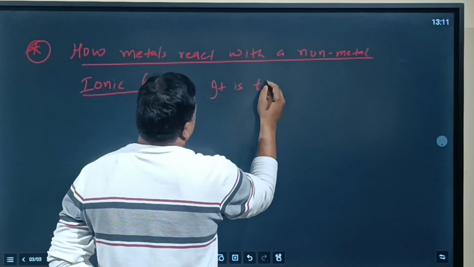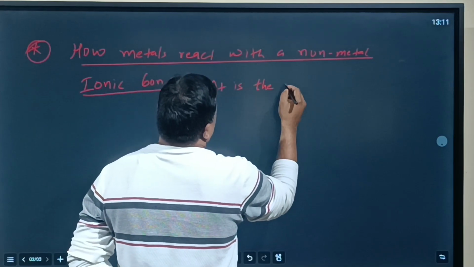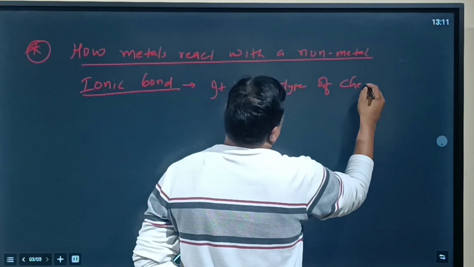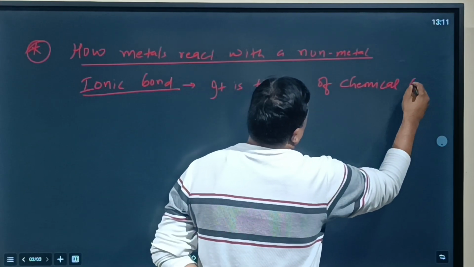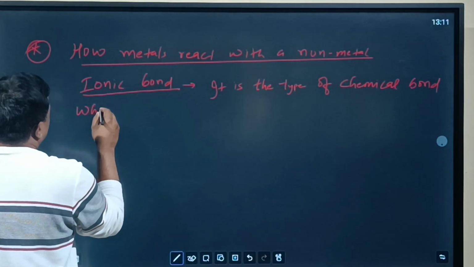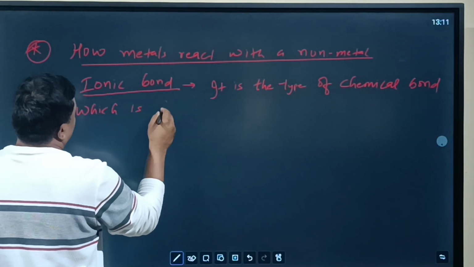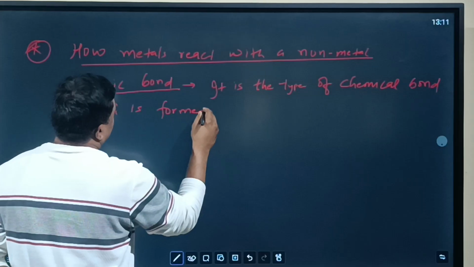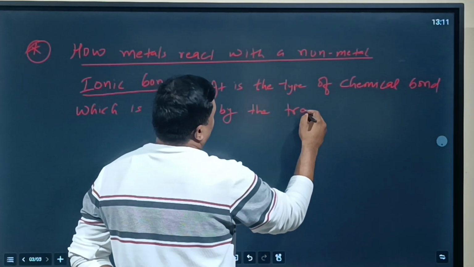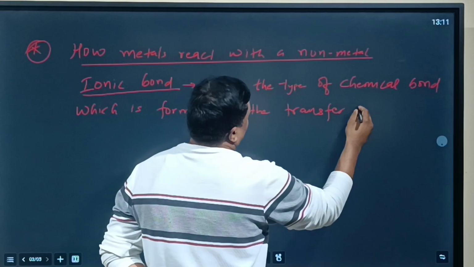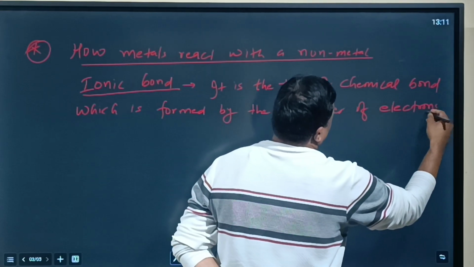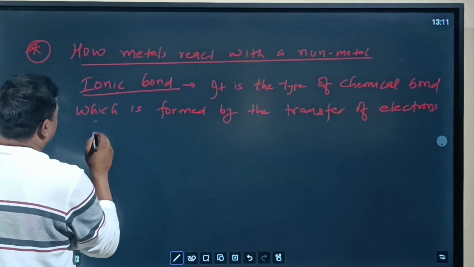It is the type of chemical bond which is formed by the transfer of electrons from a metal to a non-metal.